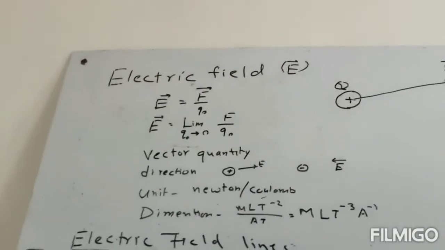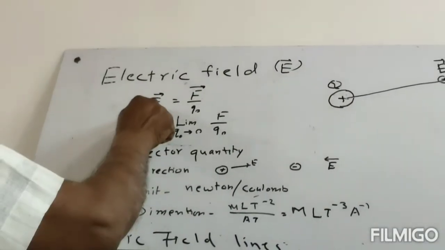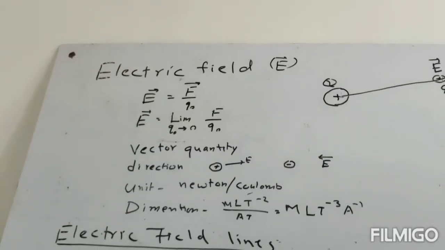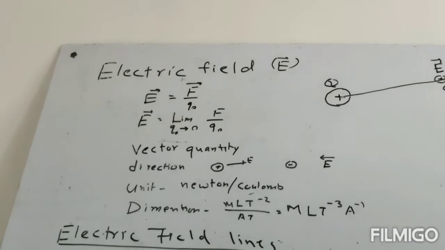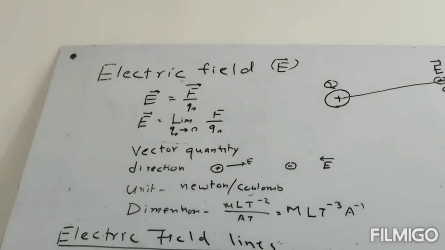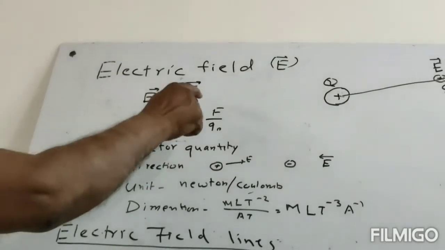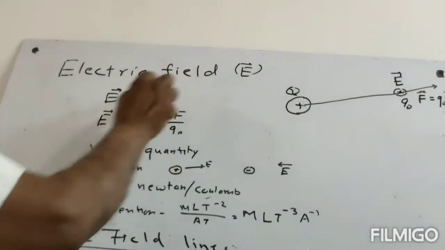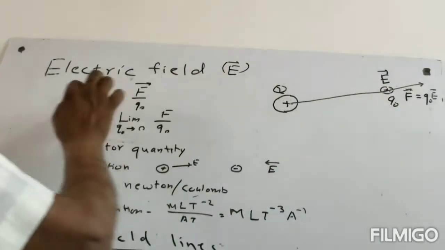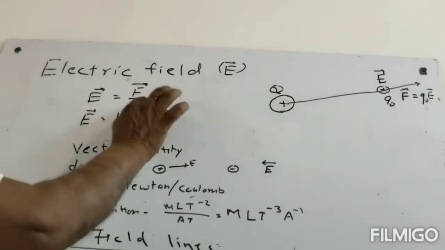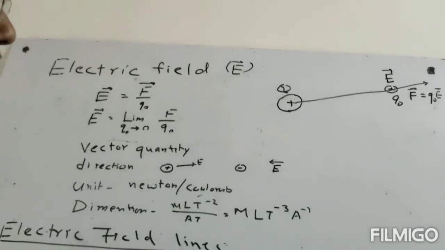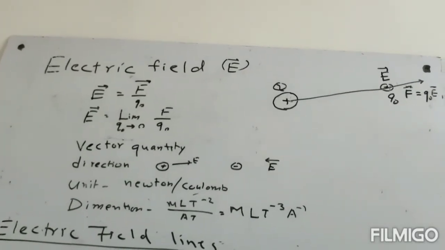Now electrical field, or electrical field intensity, we can define as the electrical force per unit charge. So if the force between the capital Q charge and Q0 charge is F, and Q0 is the test charge, then E is equal to F divided by Q0. Now since Q0 is also a charge, this charge will also have its electrical field.